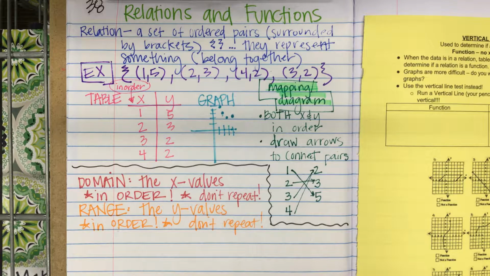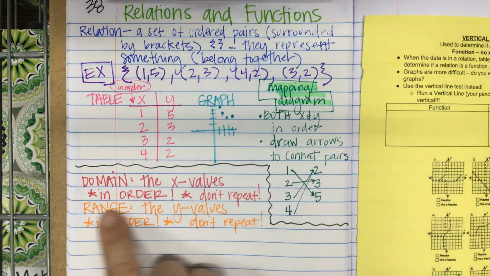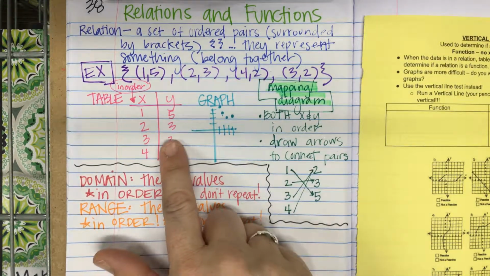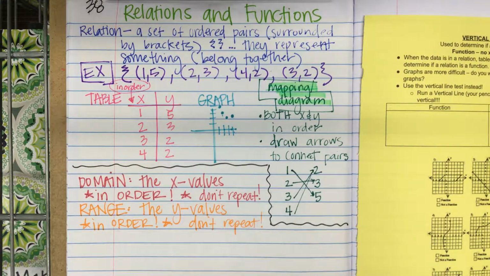You'd say the x values in order. If I said, can you tell me the range of that relation? Yeah, you'd say 2, 3, 5. I have to say it in order and I don't repeat.